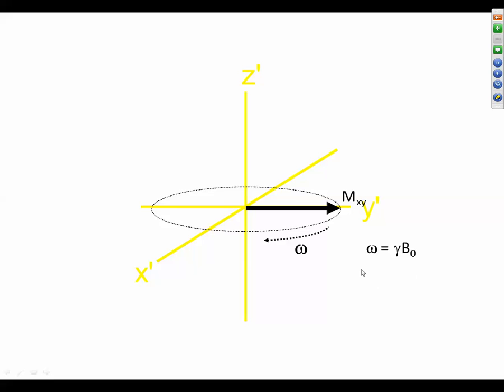Ideally, if the magnetic field is B0, then the magnetization of all the small spins will precess at the same frequency omega. However, in reality, due to micro-inhomogeneity of the magnetic field, not all the spins experience B0. Some experience a little bit larger and some a little bit smaller.